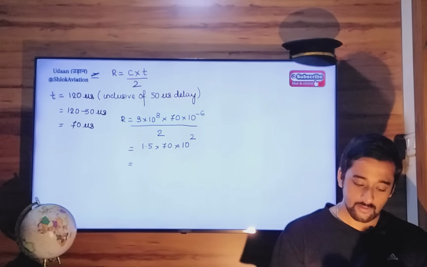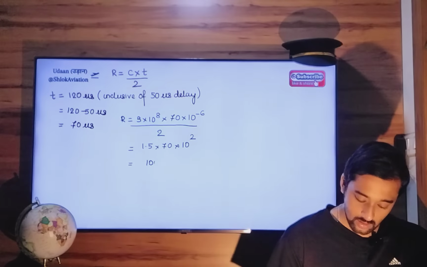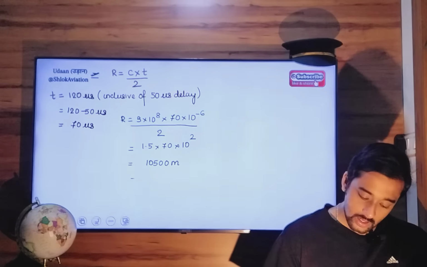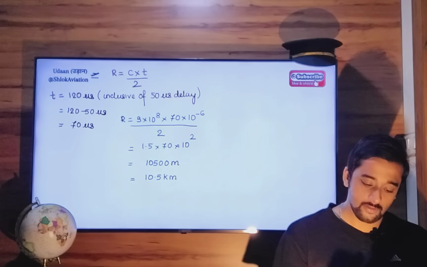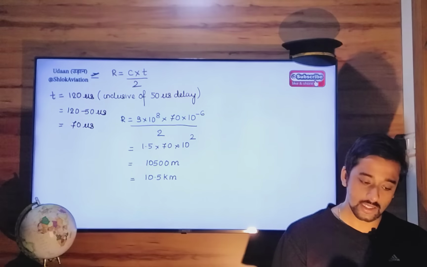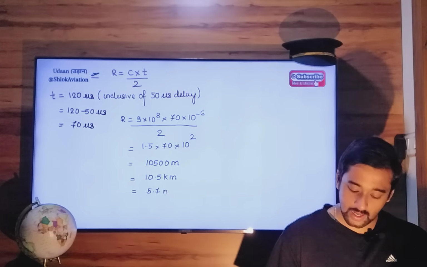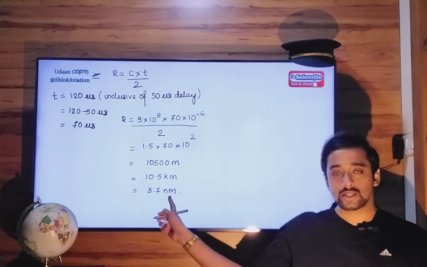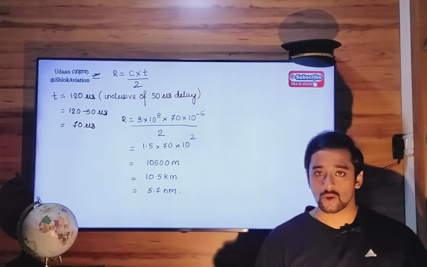So 1.5 into 70 is 105, this many meters, or 10.5 kilometers. 10.5 divided by 1.85 is 5.7 nautical miles. The correct answer will be range is 5.7 miles or 10.5 kilometers. Select that option which is closest to this value.